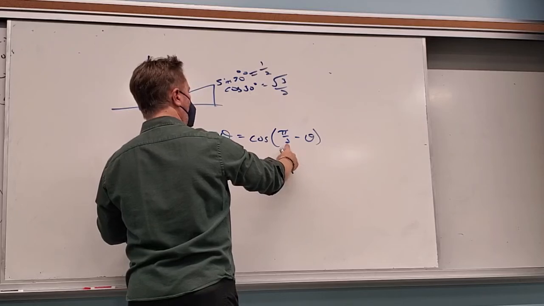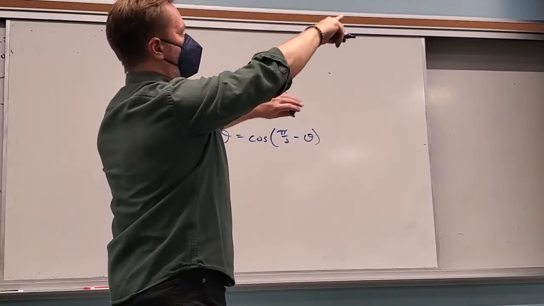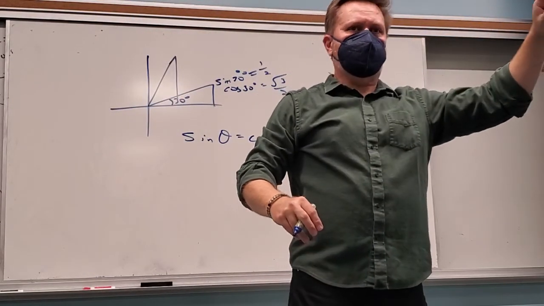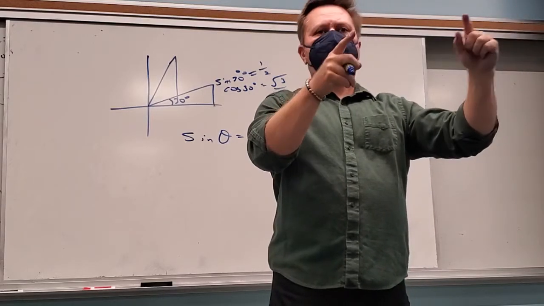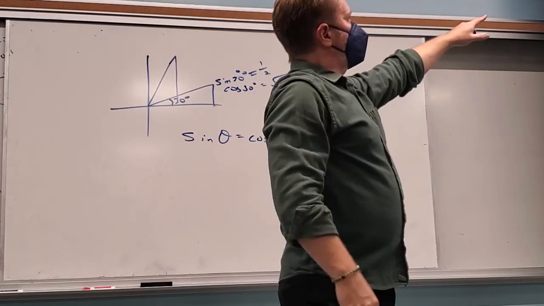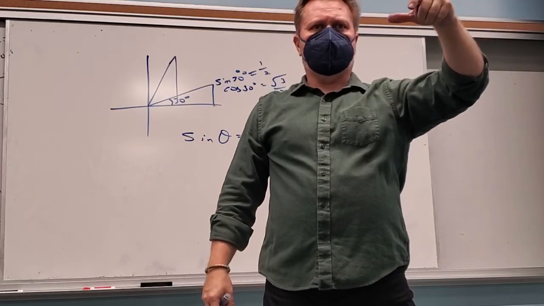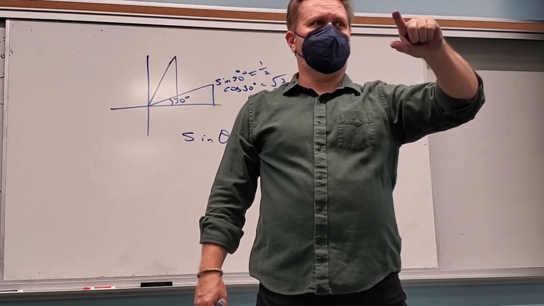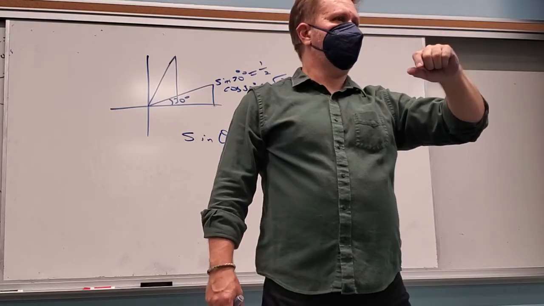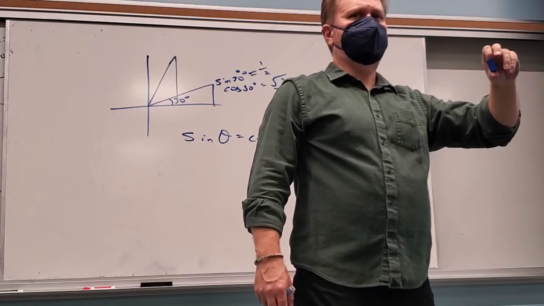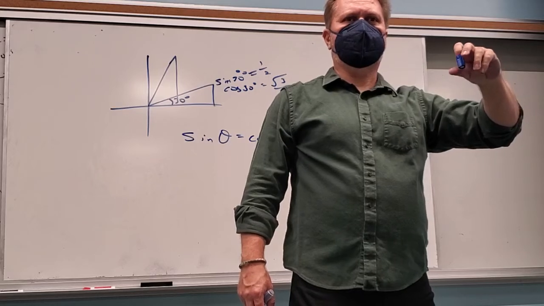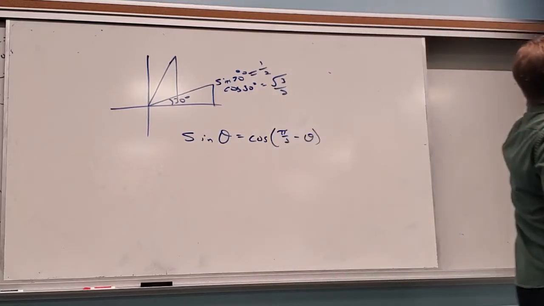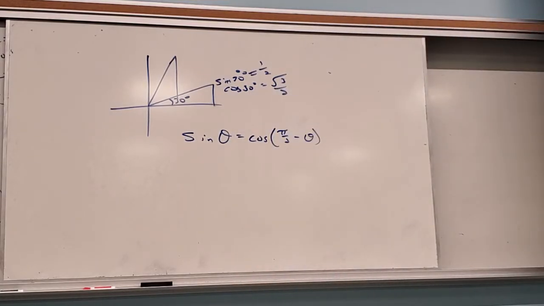They're offset by 90 degrees. So cosine of 34 would equal sine of, and this is what they mean by complementary, right? Complementary angles. Complementary means makes 90. So cosine of 34 equals sine of 90 minus 34. What's 90 minus 34? 56. Right? So cosine of 34 will equal sine of 56 degrees.